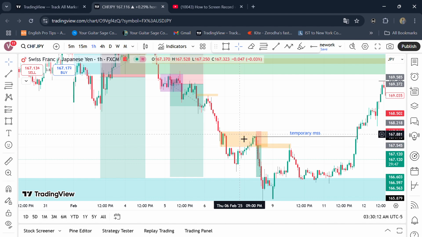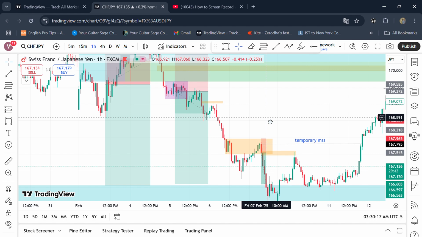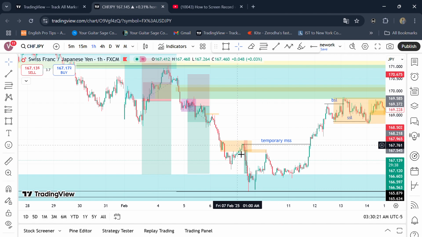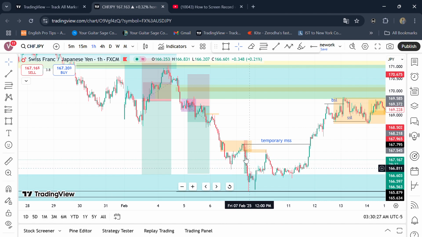So this became the last POI. This is a 1-hour order block. And more than that, price had traveled till here by that time. So this portion wasn't there. It was only this much.